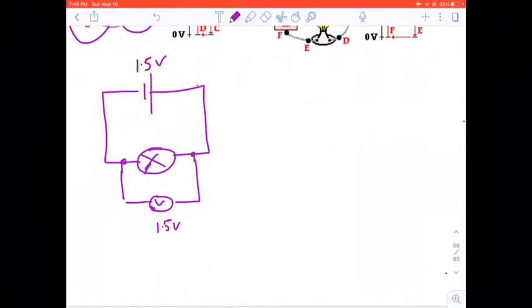Whenever there's a resistor or a load, a voltage drops across that particular load.